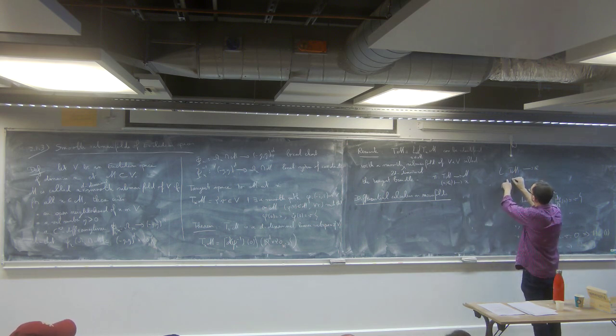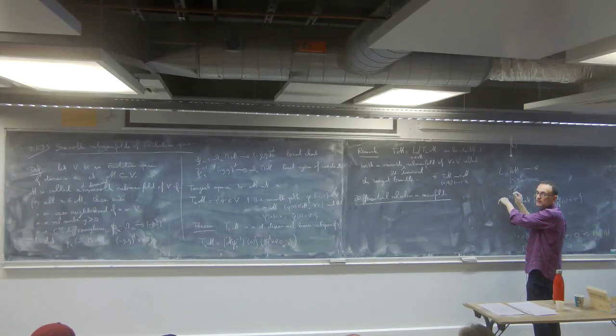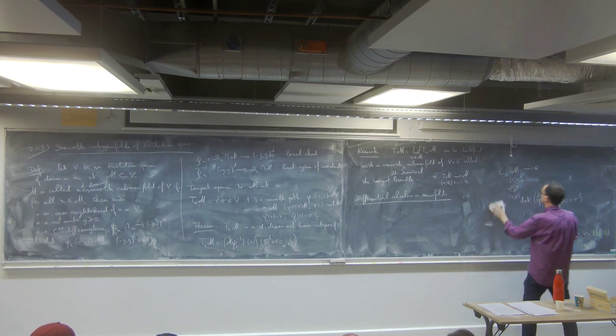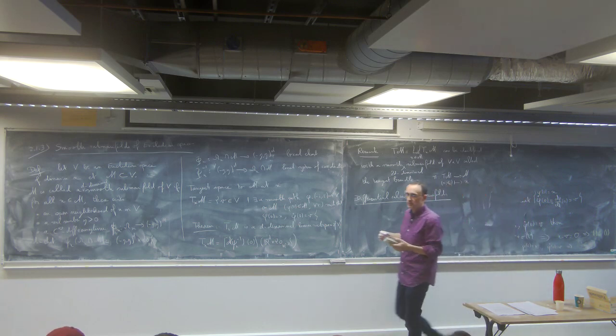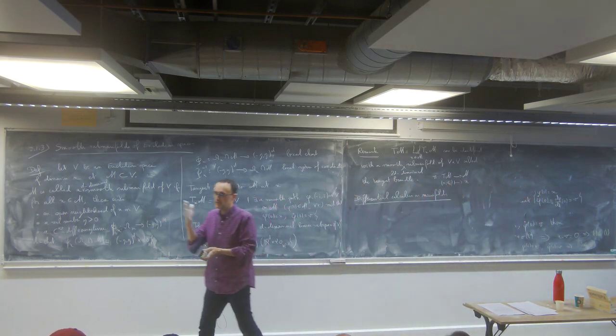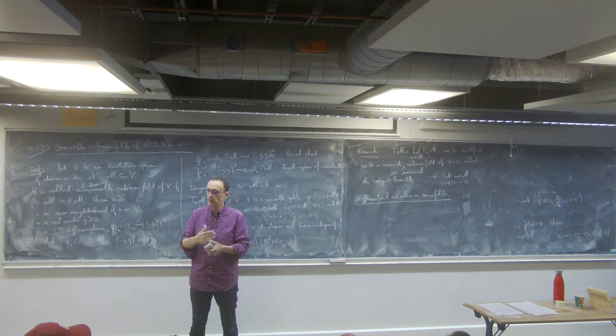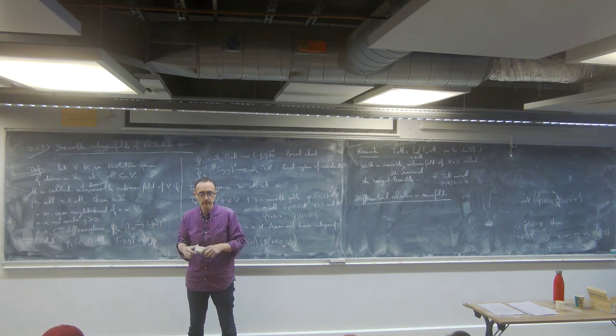This one is position-velocity, and the other one is position-momentum. So the Lagrangian formalism is in the tangent bundle, and the Hamiltonian formalism is in the cotangent bundle.